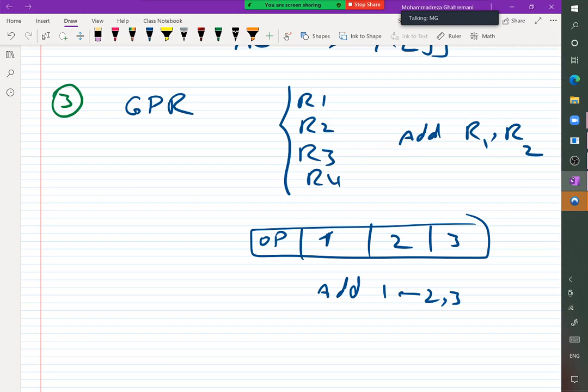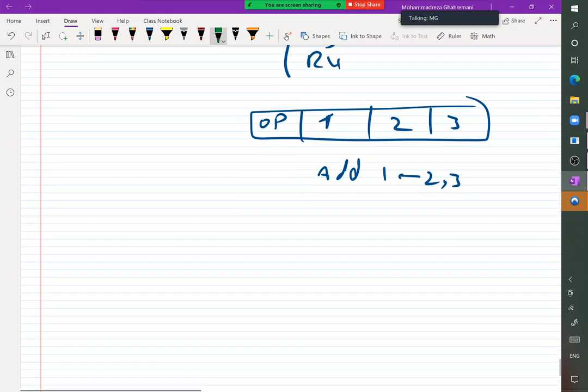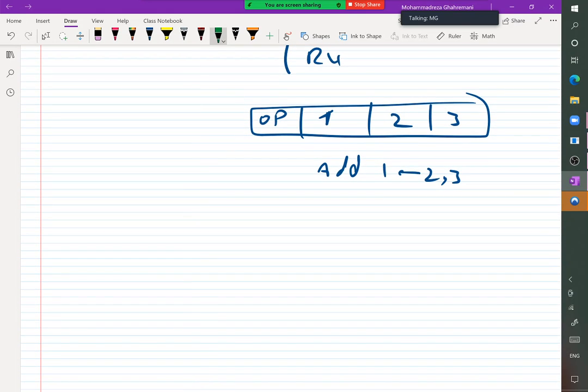But GPR itself has three different types to access the memory. So we have three types of GPR to access the memories.